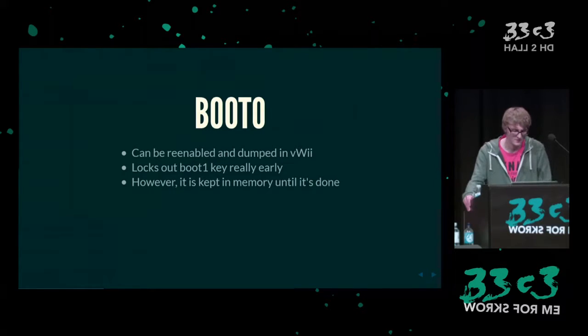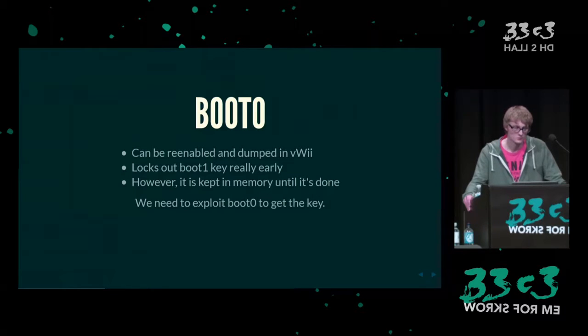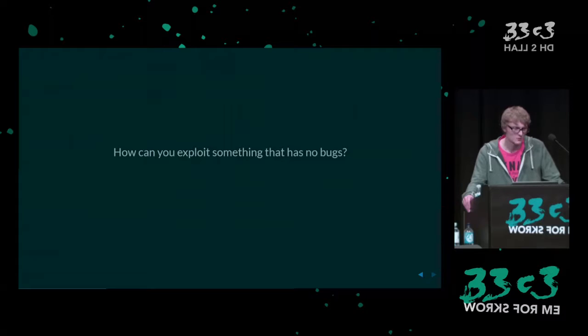So this means that we have to exploit boot 0 to get the boot 1 key. And unfortunately, boot 0 is pretty safe. It's kind of surprising because this is a Wii U. This gives us the question: how can you exploit something that has no bugs? The answer is we have to introduce our own bugs.